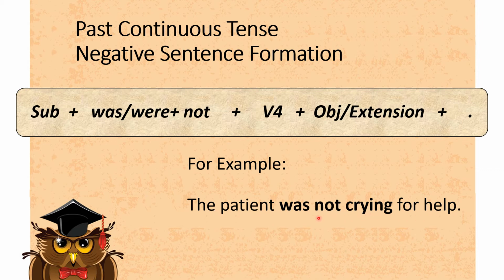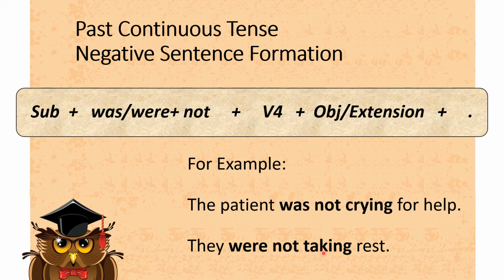I have bolded these words so that you may understand fully that not comes in between the auxiliary verb and the form of the verb. See the other example. They were not taking rest. You can see that not is coming in between the auxiliary verb and the form of the verb.